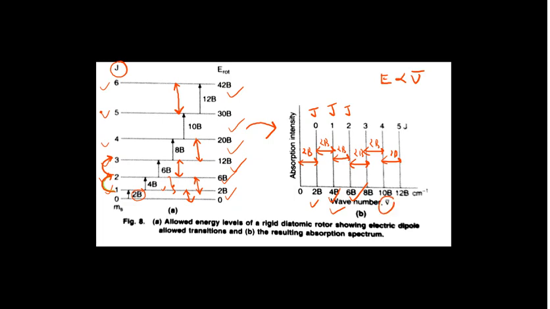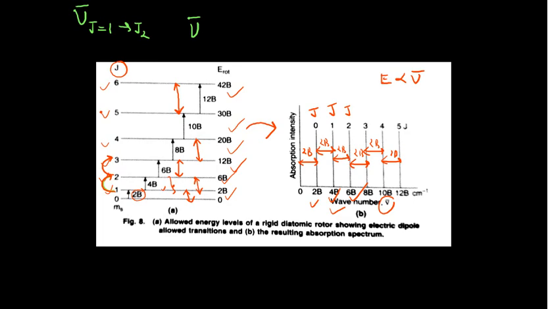So how can you do that? Guys, for this you can have a very simple formula. Say, for example, I am calculating for this one. I have my value, this nu bar in wave number, going from J equals 1 to J equals 2. So you have this expression, which I have already written here.